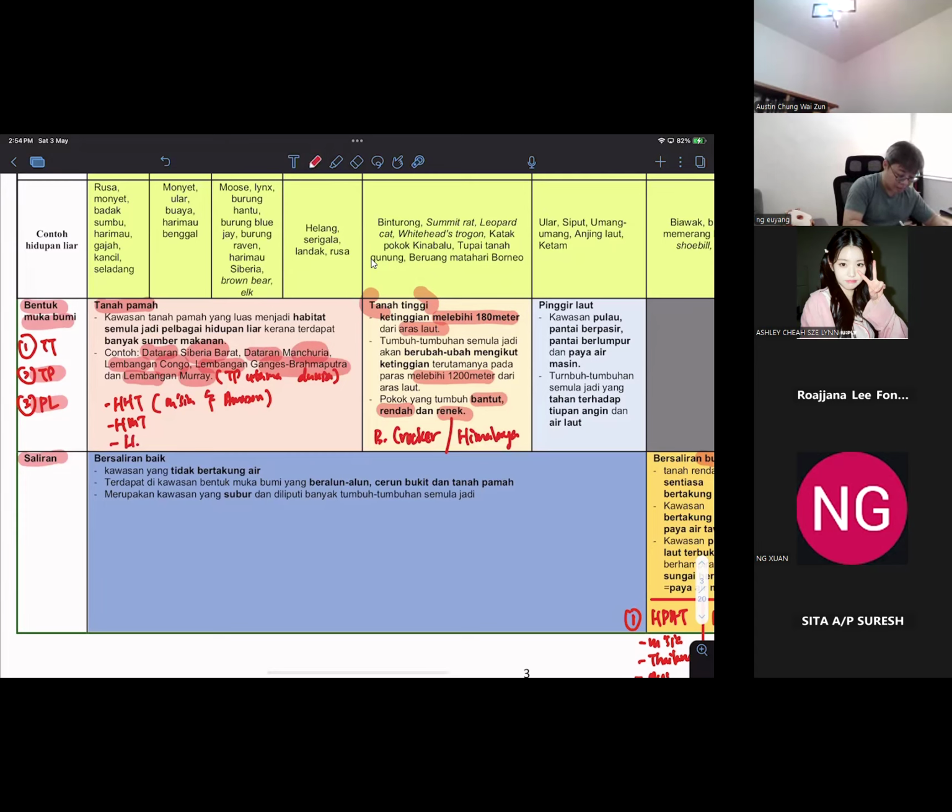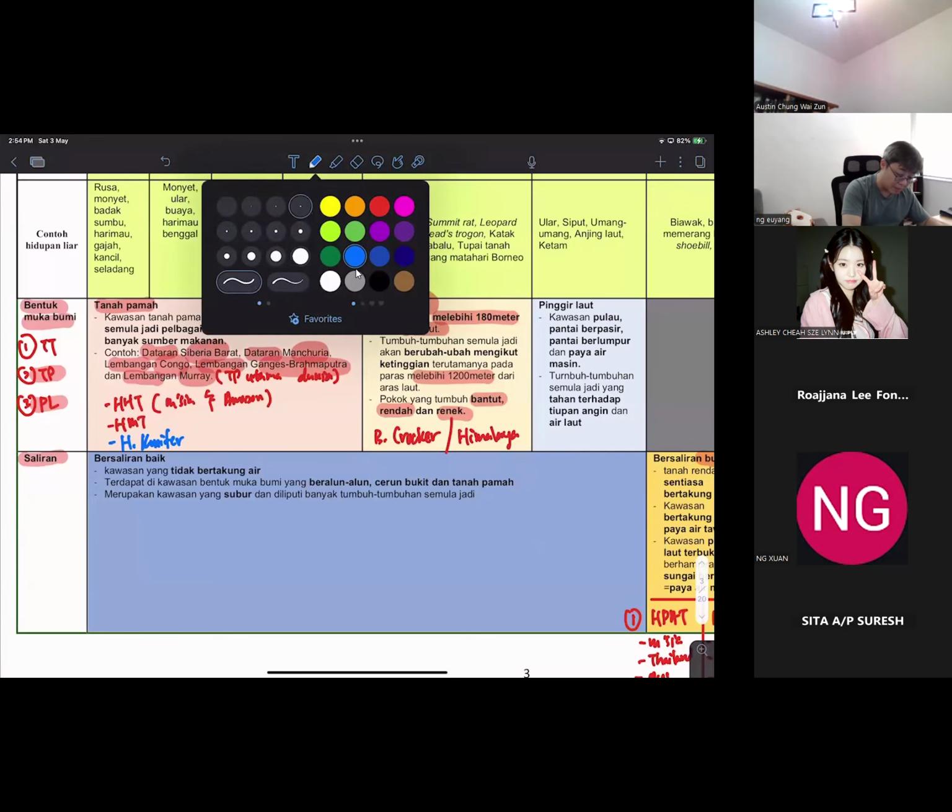This is their hutan conifer. So this is the only hutan in Tanah Pama that is a hutan sejuk. So this is hutan conifer. If you refer to the red color, this is the hutan yang panas. So blue color is the hutan yang sejuk, hutan conifer near to the Pacific and Great St. Lawrence in Canada.